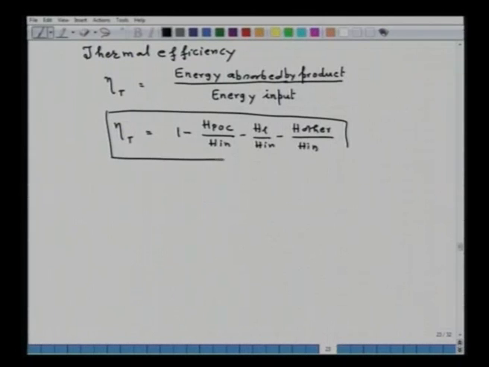You note from this equation that the thermal efficiency of the furnace can be increased by reducing the heat loss through the walls of the lining, that is HL upon H in, and by reducing the other losses, H others upon H in, for example, reducing the opening losses or losses through the hearth or through the cooling water and so on.